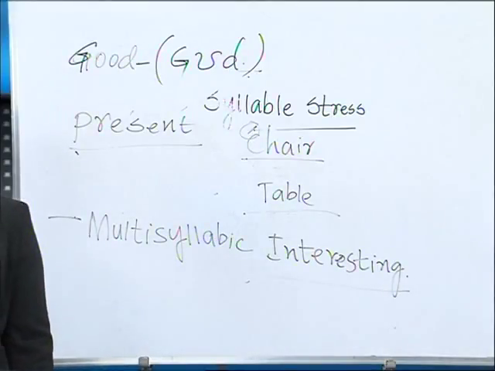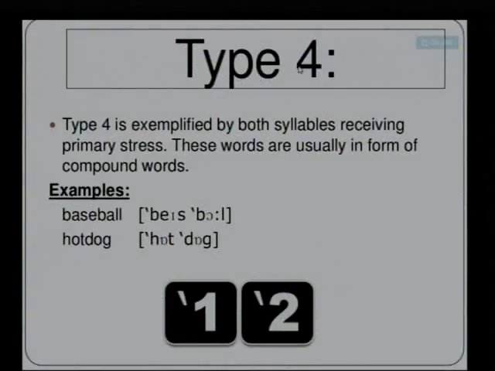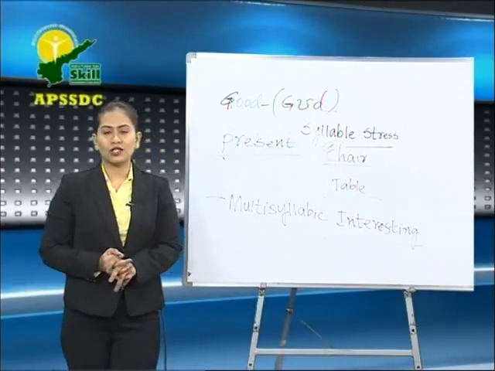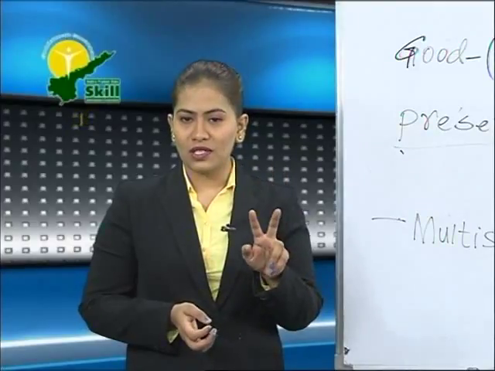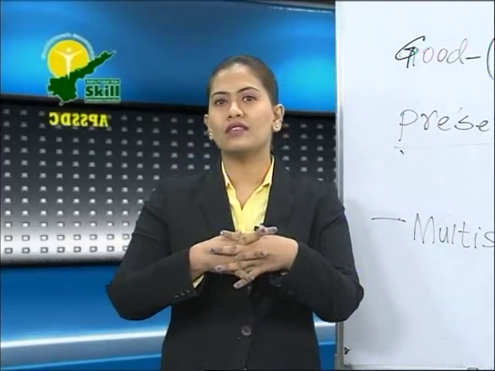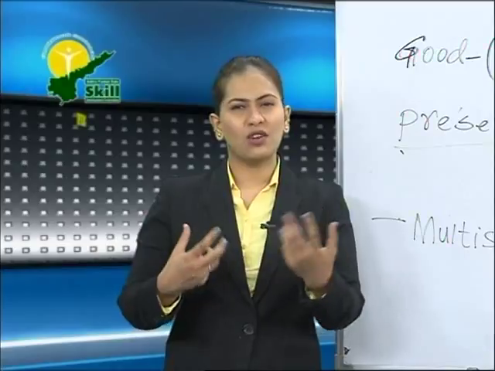Moving further, in continuation with what we have been talking about, type 4 is exemplified by both syllables receiving primary stress. These words are usually in the form of compound nouns. There are a lot of words which function as compound words in the English language. There are two words which come together to give out one word specifically, words such as laptop, desktop, hardware, software, and there are a lot of such words.